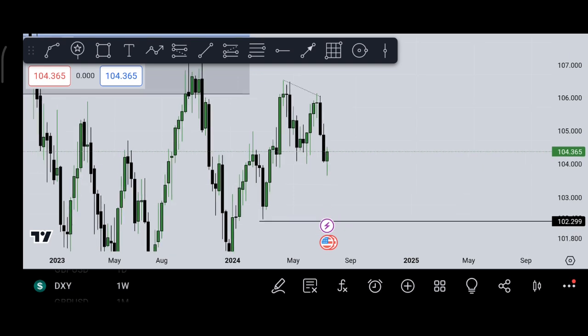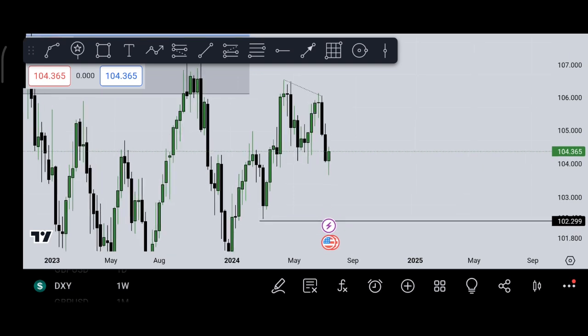What I've noticed first is that price dropped down and went back to this fair value gap, which was first respected. You see the rejection.